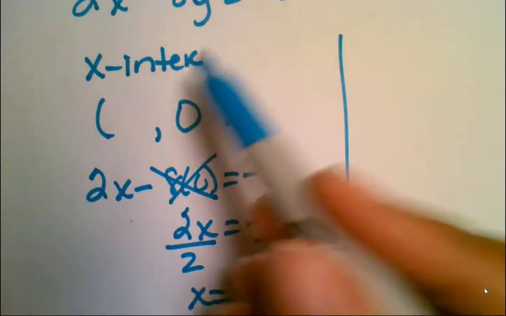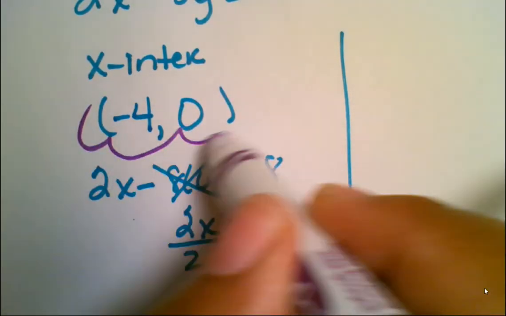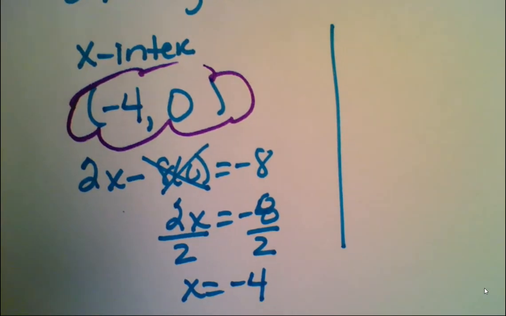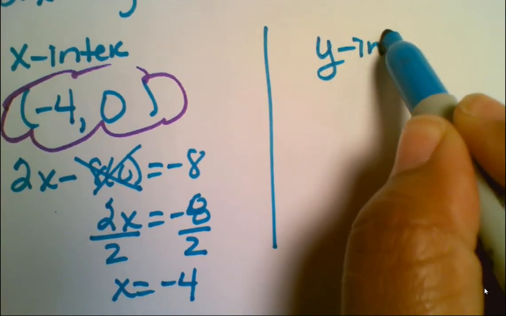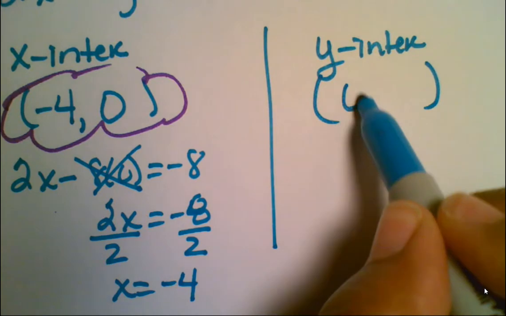So we found the x-intercept. The point that we're going to plot on the x-axis is negative 4. Now to find the y-intercept, we're going to let x be 0.